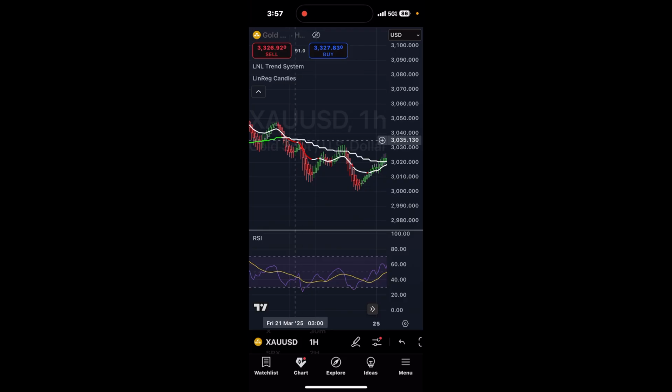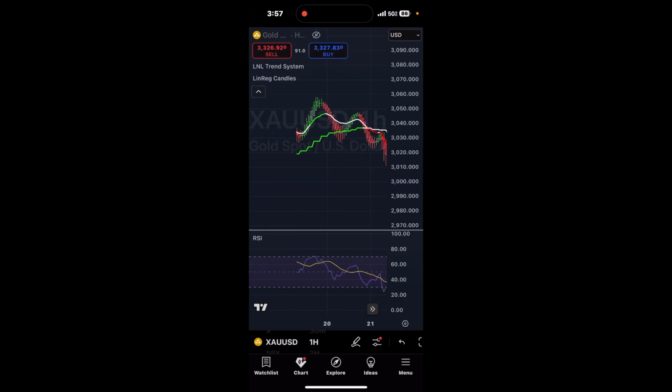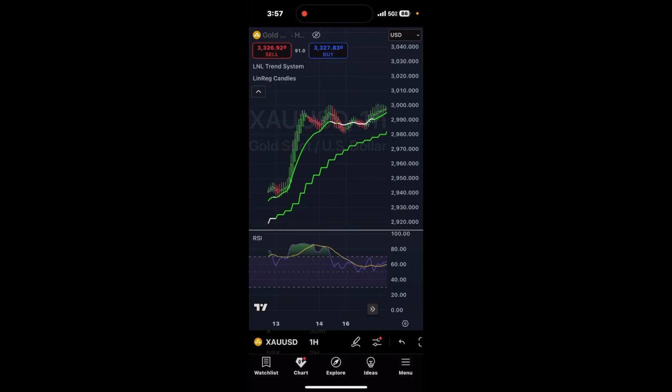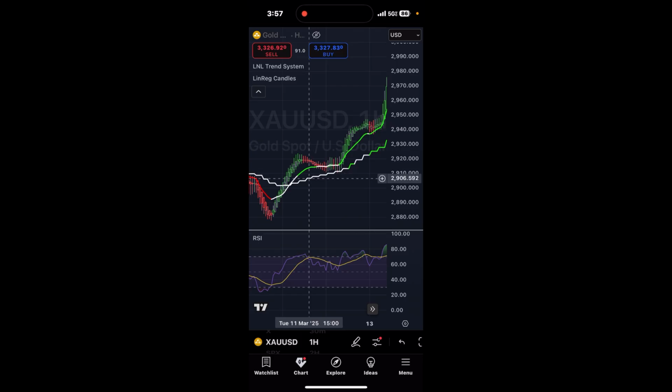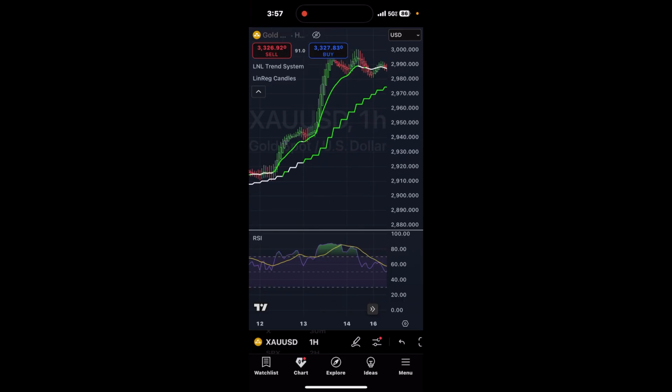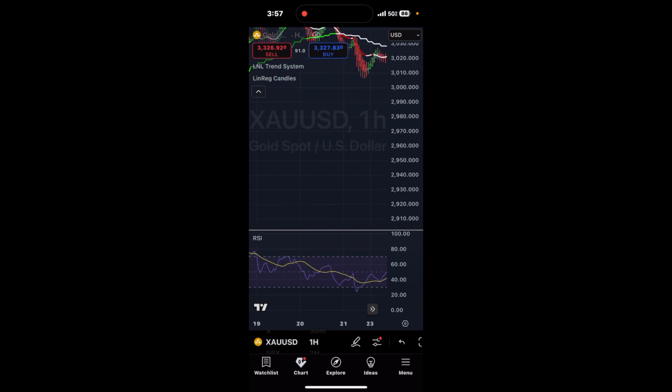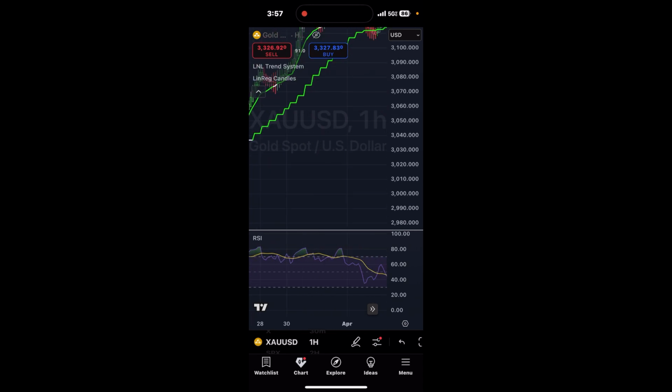So if you missed this, your next point would have been right here with the RSI. You see that it crossed right here. So you want to be focusing on uptrend. So your next point would have been right here, and then right here. So you guys get the general idea.